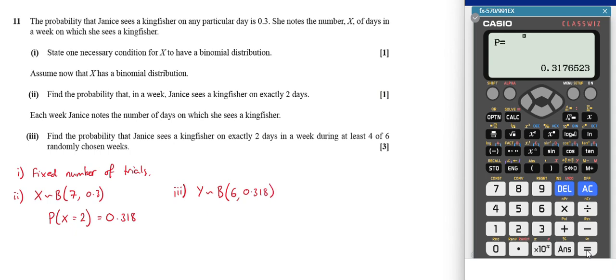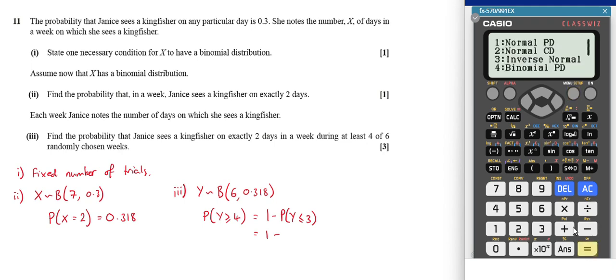We are looking for the probability that y is greater than or equal to 4, which is fine, except our calculators can't do greater than or equal to 4. So I'm going to calculate 1 minus the probability that y is less than or equal to 3, which it can calculate. So let's go back to our menu. I want distributions again. I want the binomial cumulative distribution.